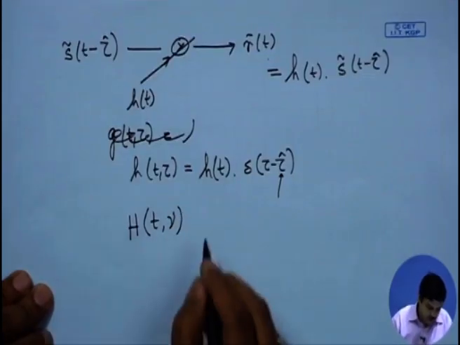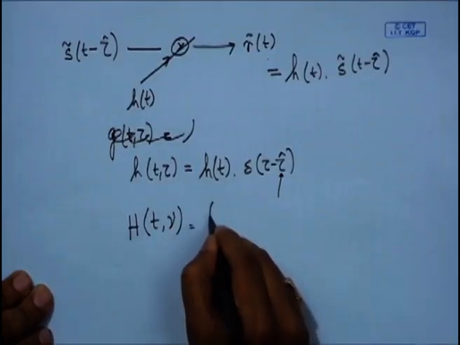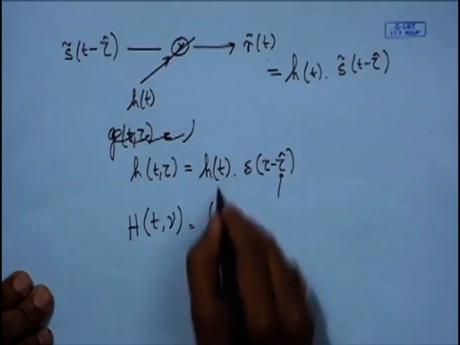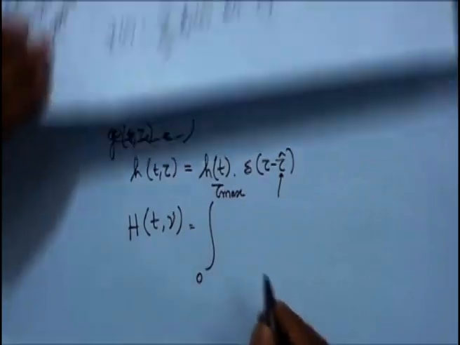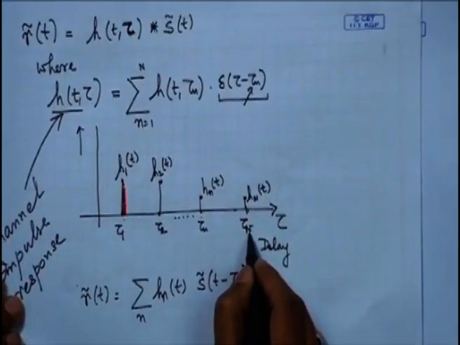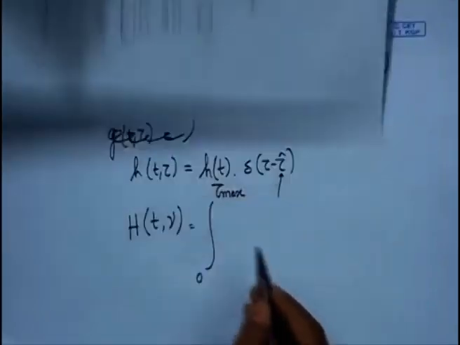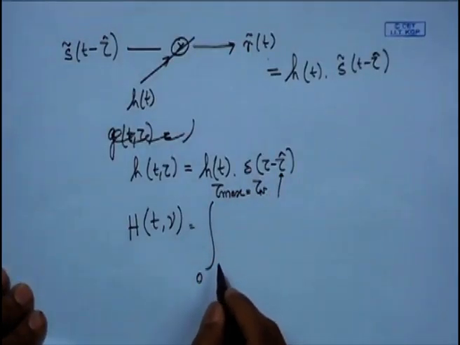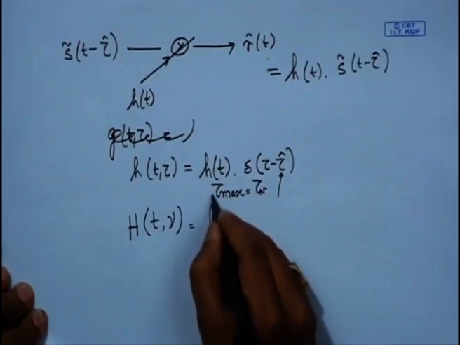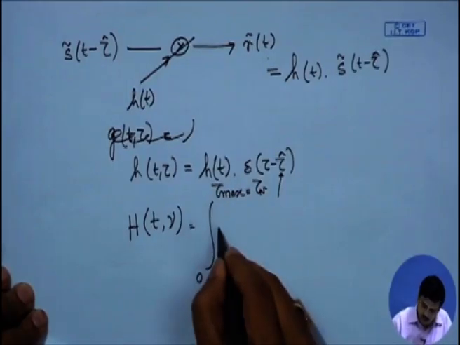Let us put nu, which is equal to integration from 0 to tau max. So, by tau max we mean the maximum value of tau n in this expression. So, here tau max could be equal to tau n in our expression, and since it is continuous domain that we are doing now, it will be tau max.